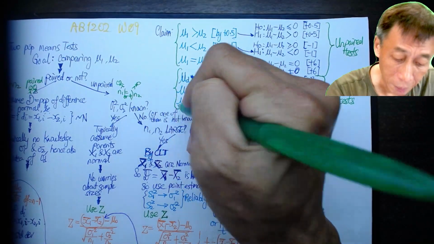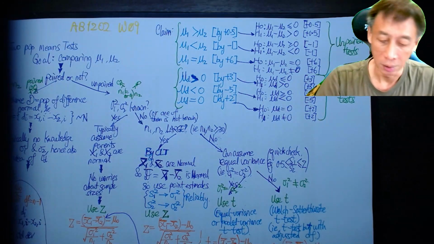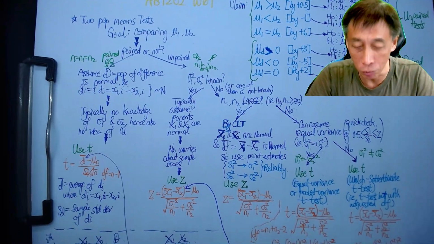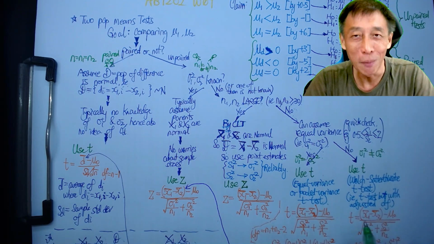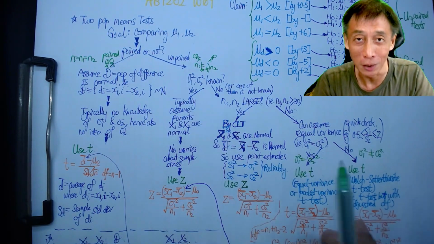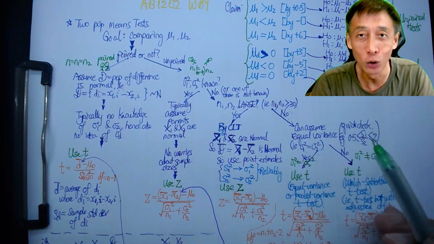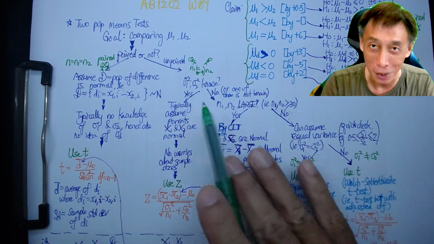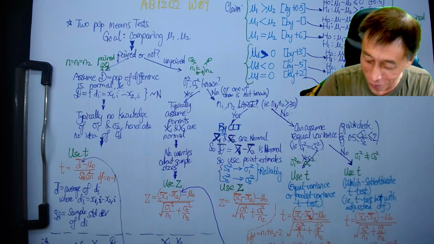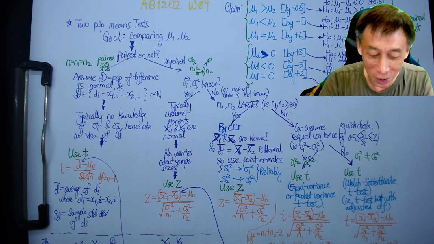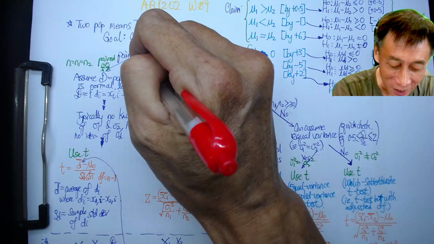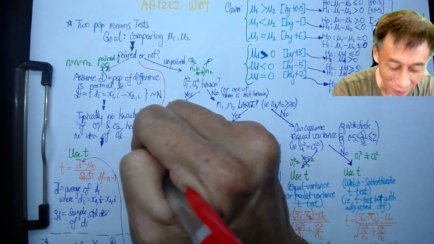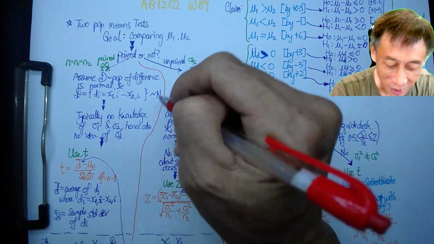So please don't mix them up. I've seen students knowing that they want to do unpaired tests already because they do know that, somehow by feel, right? They already saw the test question saying something like, you may assume equal variance. Equal variance only happens in the unpaired world, right? It never happens in the paired world. So they already intuitively knew that they have to do an unpaired test. Then what happens?